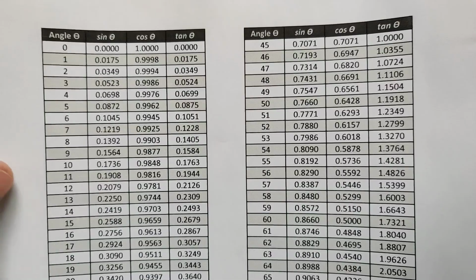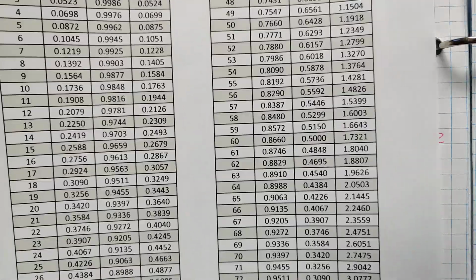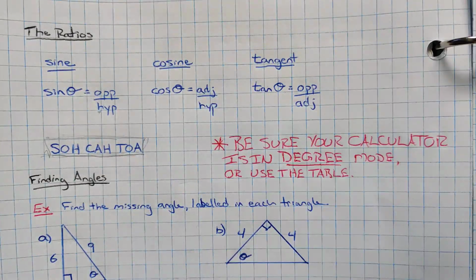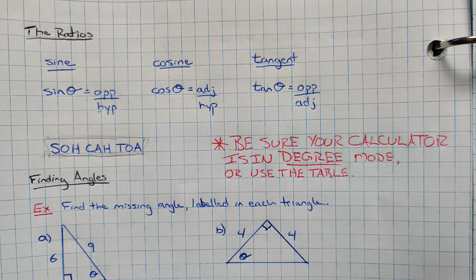This here will do all the same things that your calculator can do, rounded to 4 decimal places, which we're going to be using, and will give us all the answers that we need.